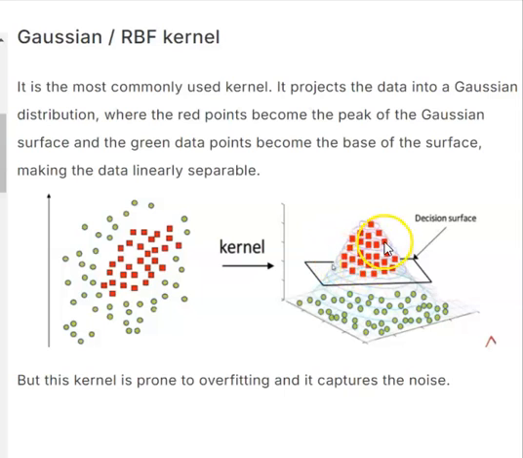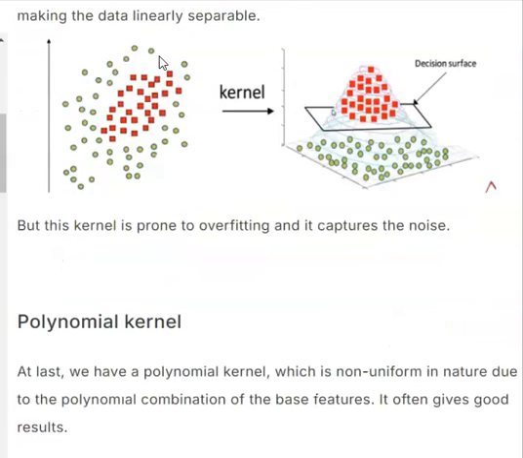So red would be in one part and green would be in another part. Now we can separate it with a hyperplane, which is called the Gaussian or RBF kernel. Whenever we write this SVM algorithm, the default kernel would be the RBF kernel.